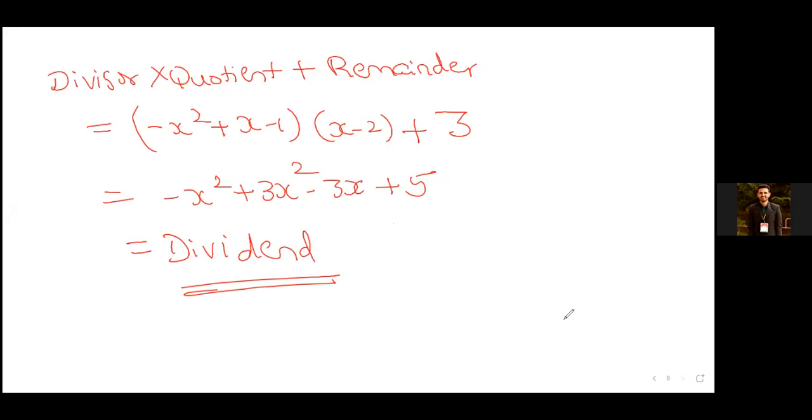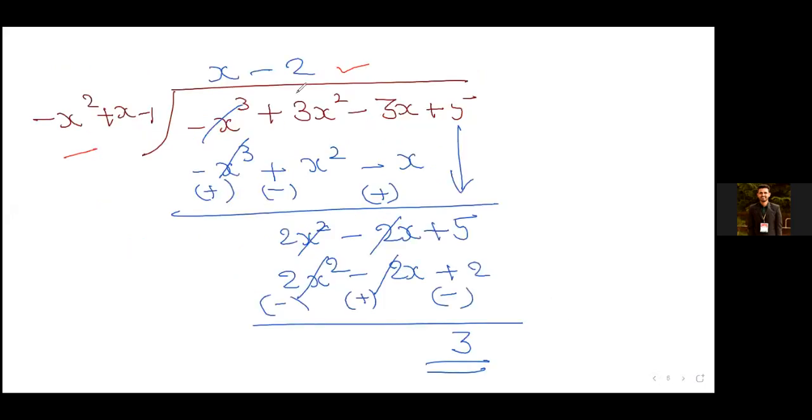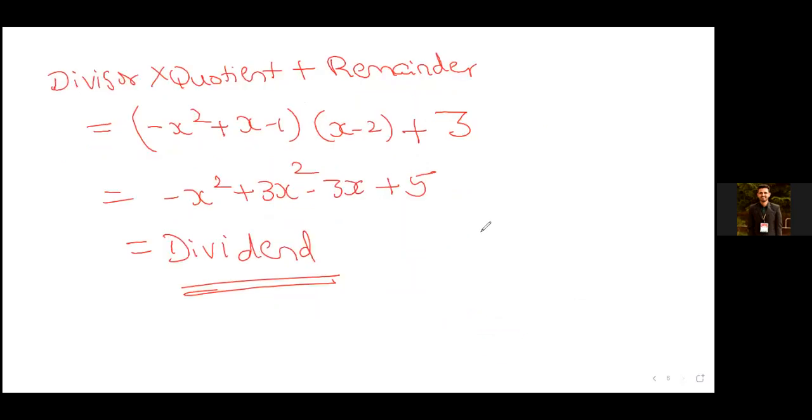Is that clear, everyone? This is how you do the division, and this is how you verify whether the obtained remainder and quotient are correct. You can check this by this formula. Is that clear, everyone? Please let me know if there is any doubt. You can ask me.